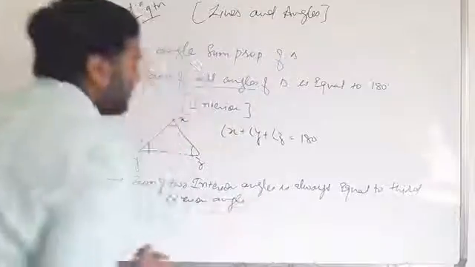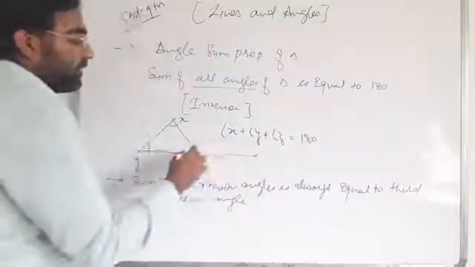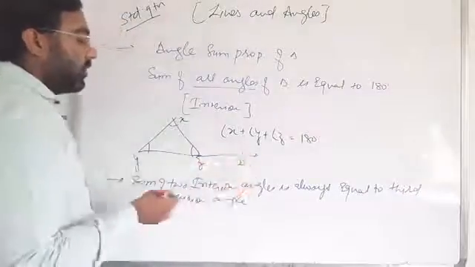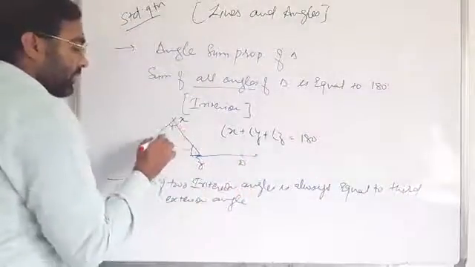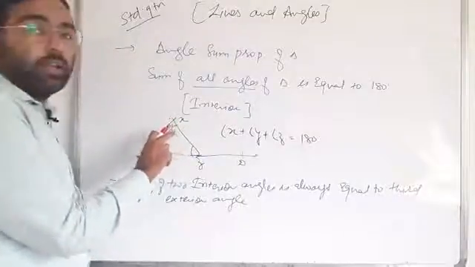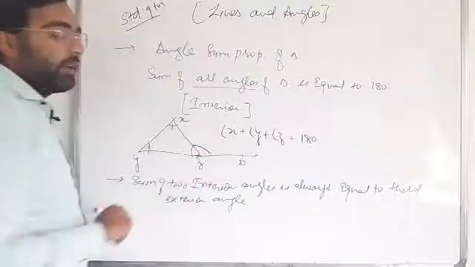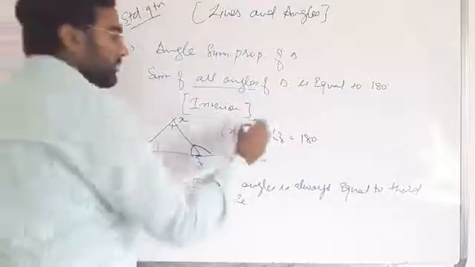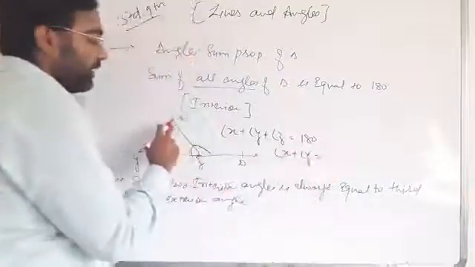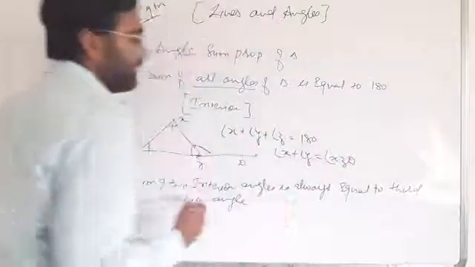Here I'll draw the line, produce YZ at D. So the sum of these two interior angles X and Y is always equal to this angle XZD. That is, angle X plus angle Y is always equal to angle XZD.